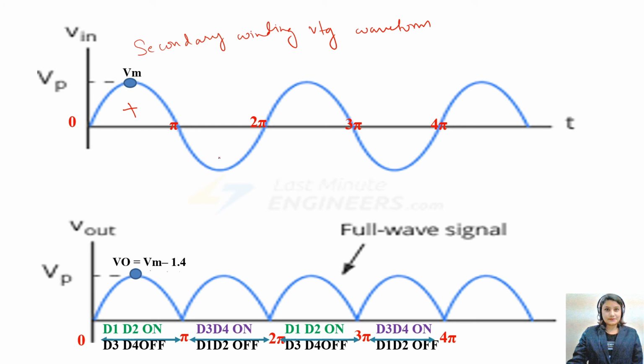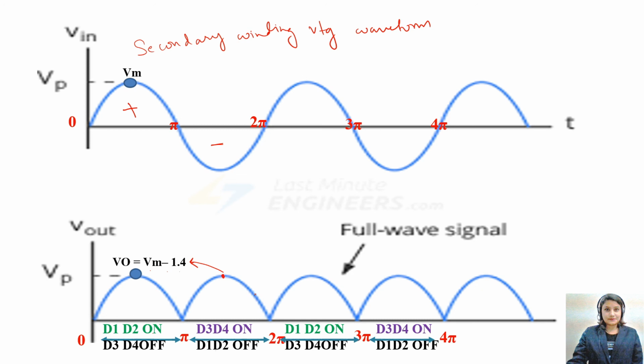In the next cycle of the secondary, a negative voltage is applied between points A and B. For the negative cycle, your D3 and D4 diodes are on. It will allow the current to flow, while D1 and D2 are off. And here the maximum voltage will be equal to Vm minus 1.4. And that is how, because of D1 and D2, D3 and D4, you are getting a full wave rectification.